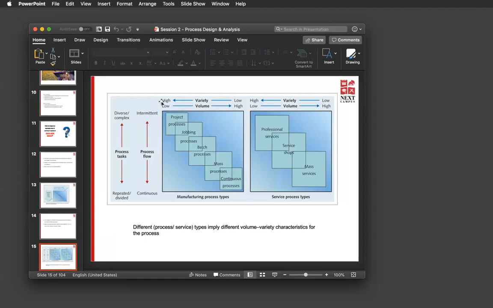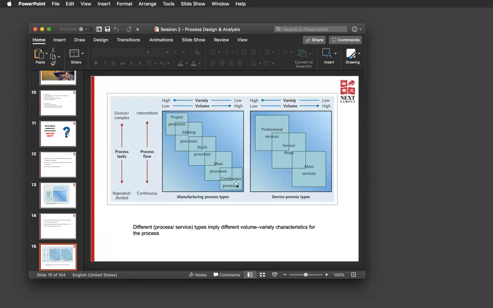Now let's look at the other extreme end. This is the project process, and at the bottom right, you get something called the continuous process. Now in a continuous process, your volume is very high and your variety is very low.